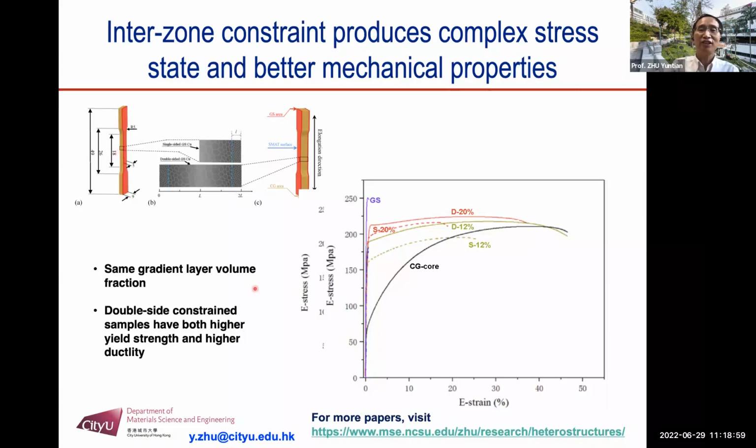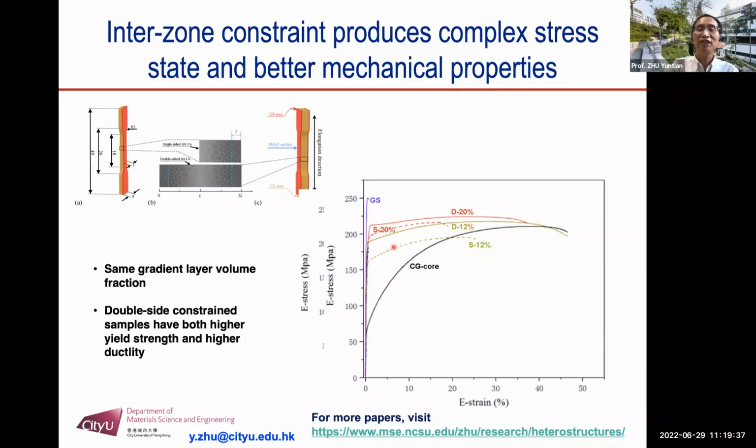And indeed, if you look at this stress strain curve, this is the core, the stress strain behavior is like this black curve. The hard surface layer, gradient layer, has higher strength like this. But if you look at this green line, this is two layers, the double layer. This number, the 12%, means 12% of the surface layer, the gradient layer is 12% by volume.